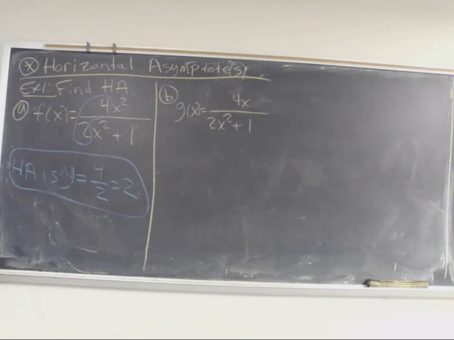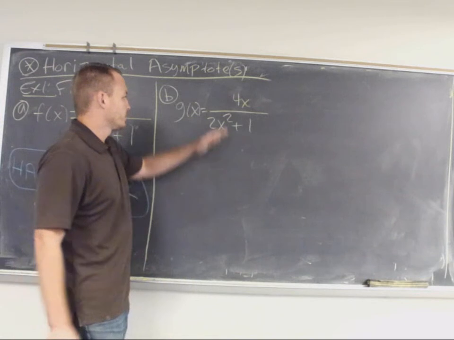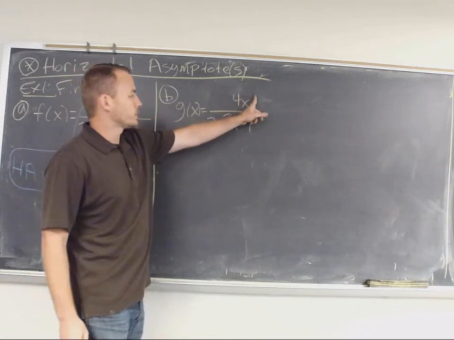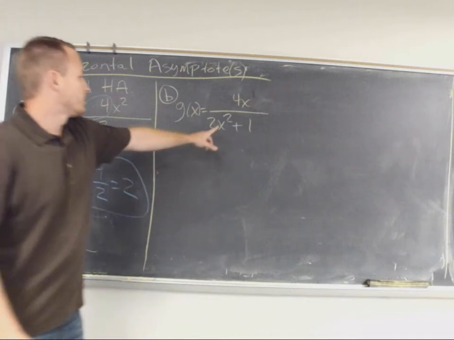Again, these problems start exactly the same. You need to determine what the degree of the top is, and then what the degree of the bottom is. The degree of the top is 1, which is not written, but it's 1, and the degree of the bottom is 2.